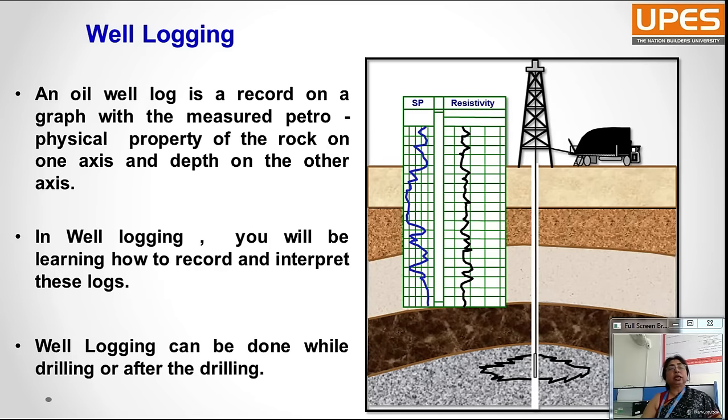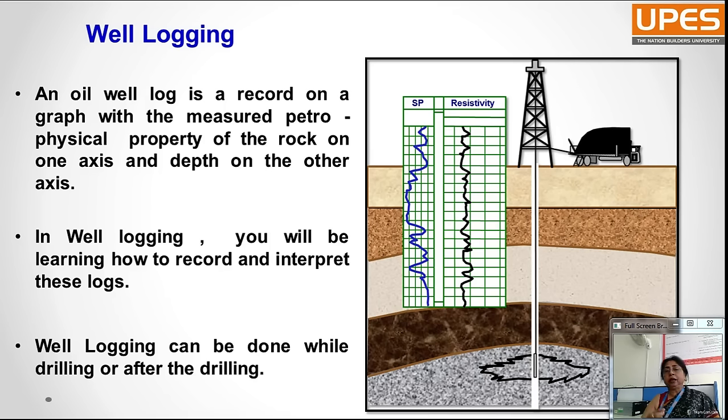Then there is a subject called well logging. Now, what does well log mean? A well log is simply a record on a graph. This graph represents the petrophysical property of the rock in one axis, and on the other axis you get the depth. So you know where is your shale rock, where is your sandstone rock in this.